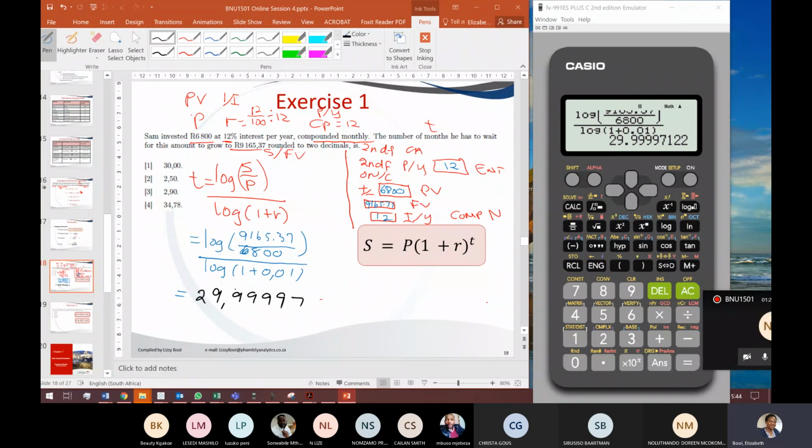The number to the right of that is bigger than or equal to 6, so I must add 1 here, and when I add 1 there, it will be 30, which makes option number 1 the correct one.